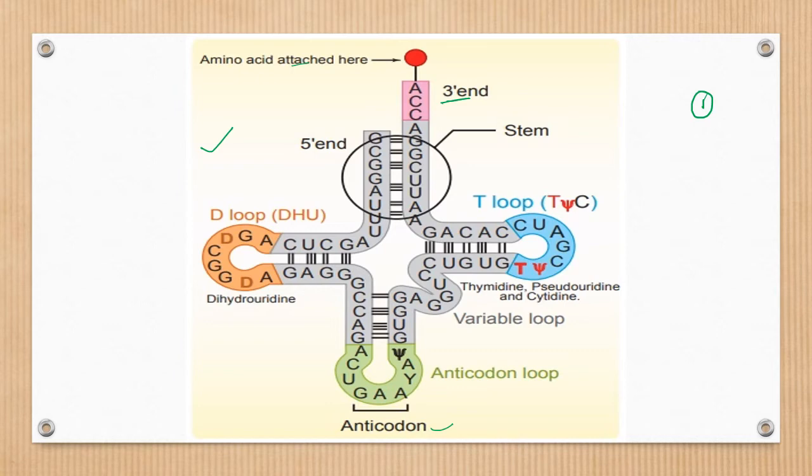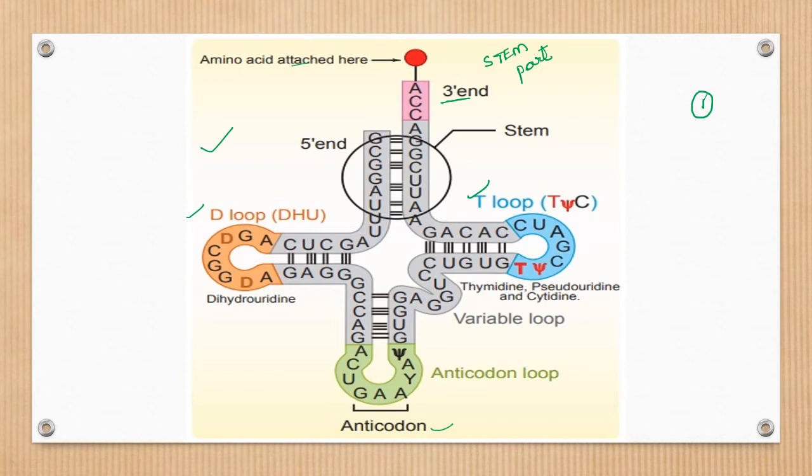In the clover leaf structure, it has different parts: the 3' end, which is the stem part, the T loop, D loop, and anticodon loop, which are the four main sites, and all these sites have specific functions.